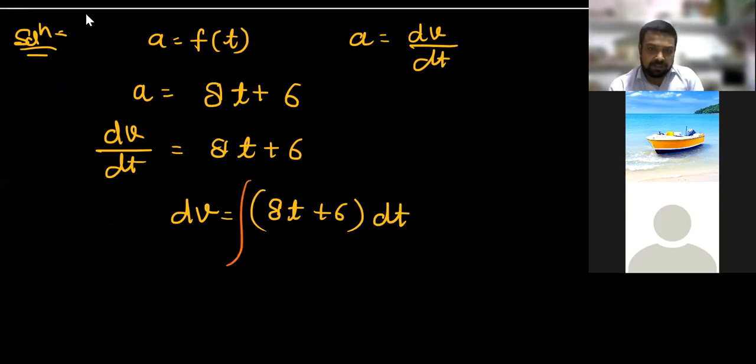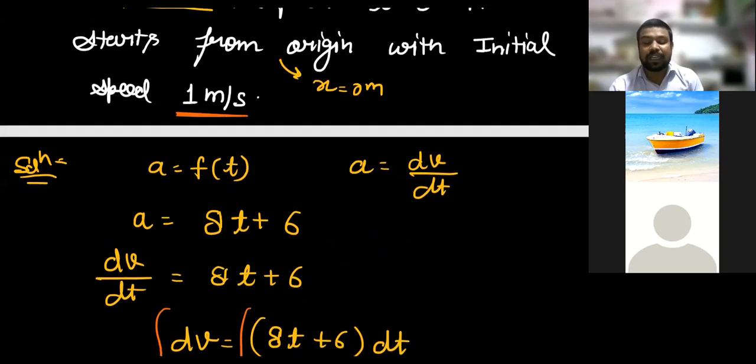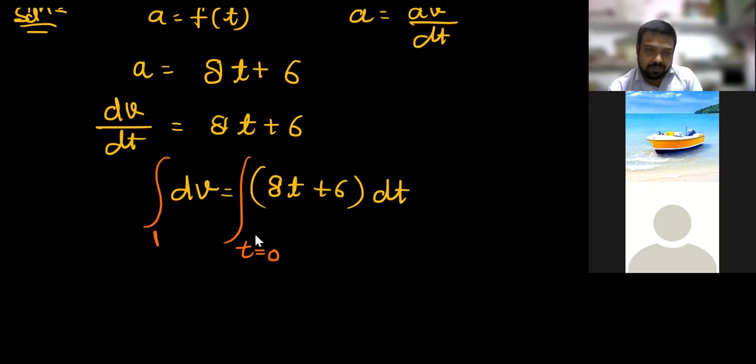Taking an integration on both sides. In this question, at t equal to 0, the initial speed of the particle is 1 meter per second, and at time t its speed is v.